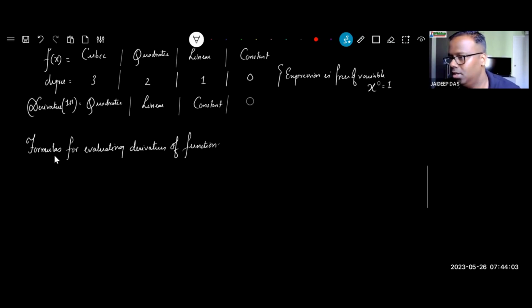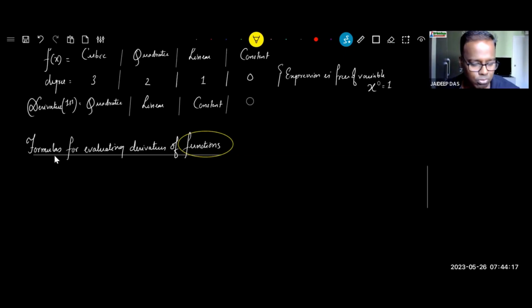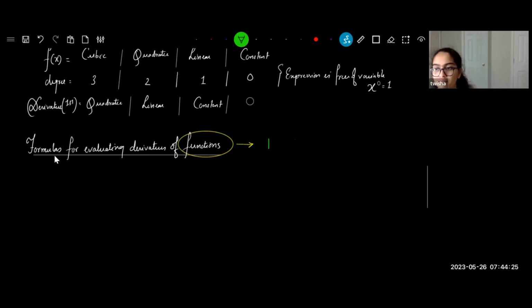When I write this, the first question that comes up is, sir, how many formulas do I have to remember? So you have to first see how many types of functions there are, and that many types of laws you have to make. We have functions of this format.